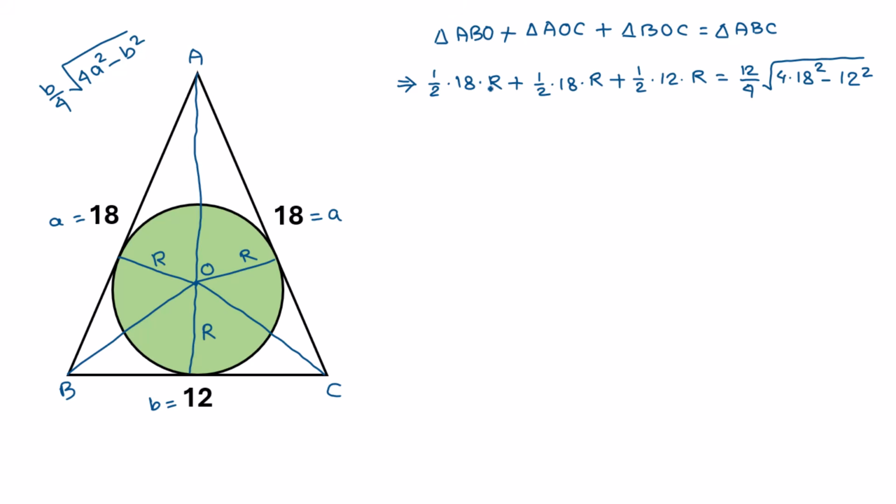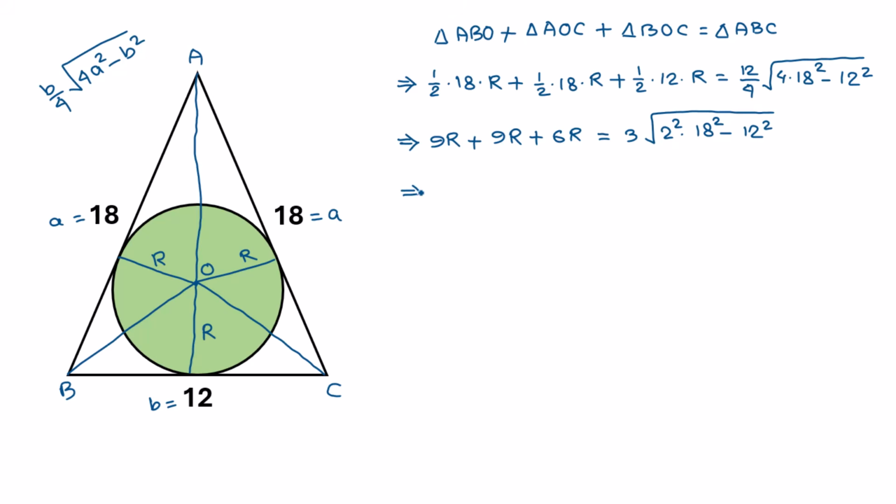Now simplifying this equation, we'll get the value of r. 18 divided by 2 is 9, times r, so this is 9r, plus similarly 18 divided by 2 is 9 times r, plus 12 divided by 2 is 6 times r, is equal to 12 over 4, which is 3, and 4 we can write as 2 square, times the square root of 18 square minus 12 square.